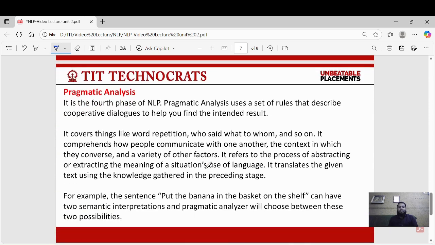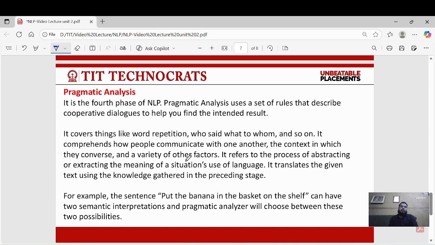Now the last phase of NLP processing, the fourth phase, is pragmatic analysis. This phase uses a set of rules that describe cooperative dialogues to help you find the intended result.